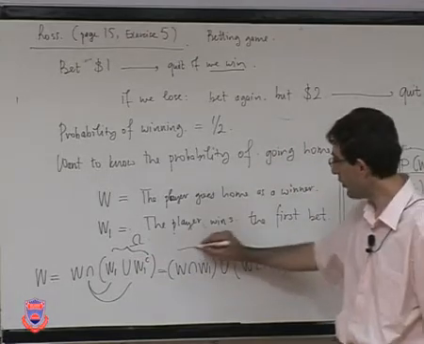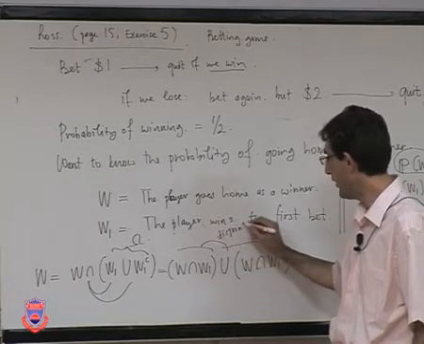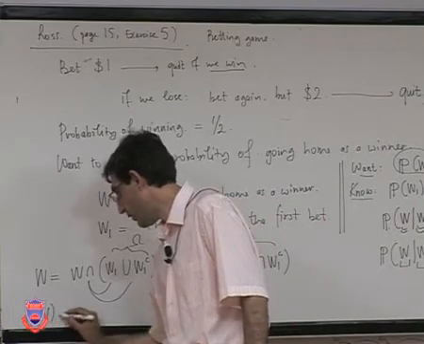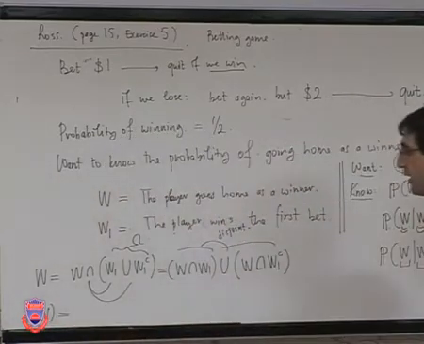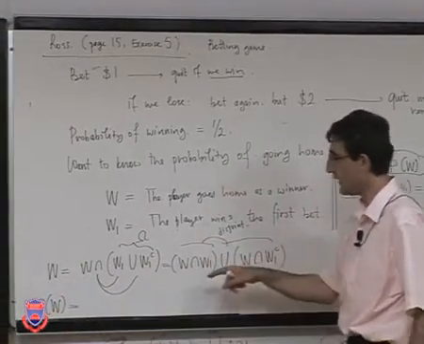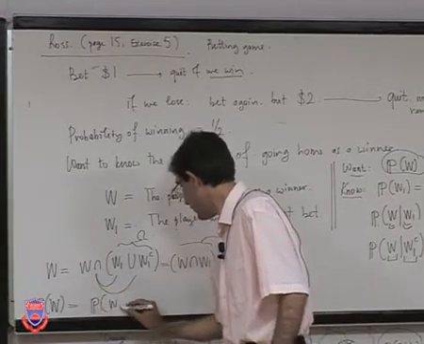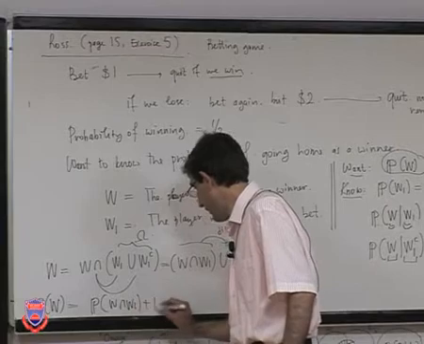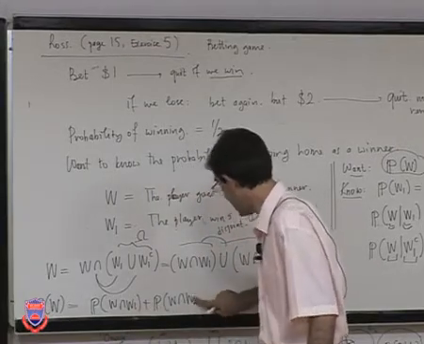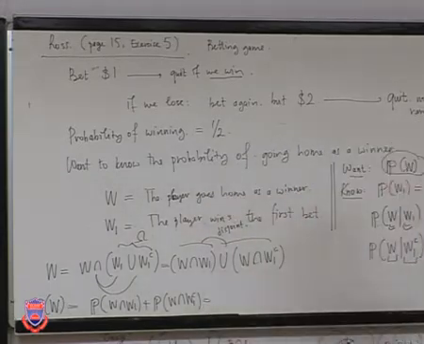Now to calculate the unconditional probability that we go home as a winner: W is the union of two disjoint sets, therefore its probability is the sum of the probabilities of those events.